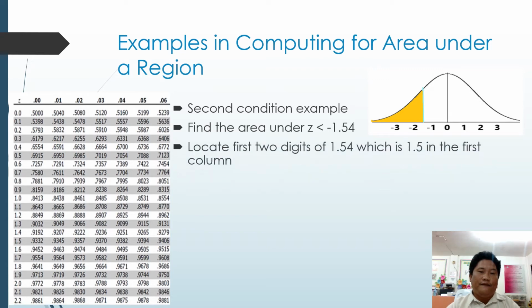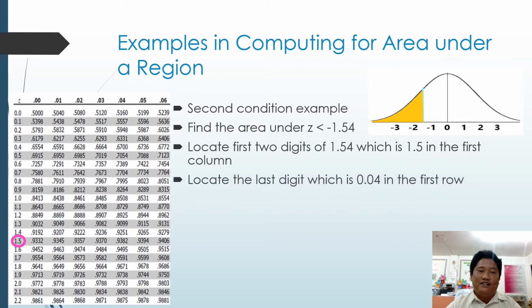What's the first step? First, locate the first two digits of 1.54 on the first column. So the first two digits of 1.54 is 1.5. So there, we have the 1.5. Next is locate the last digit, which is 0.04 in the first row.